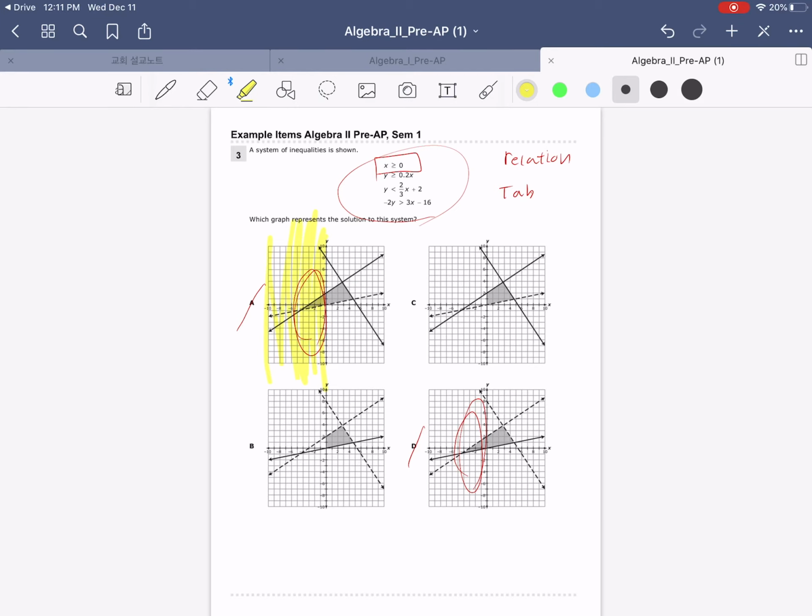So you should not have this part. So it's going to be either C or B. And since we have two less-than or greater-than signs, you should have at least 2 dashed lines. And obviously the answer is, I think, B. But I'm not sure. Yeah, it's going to be B, I think.